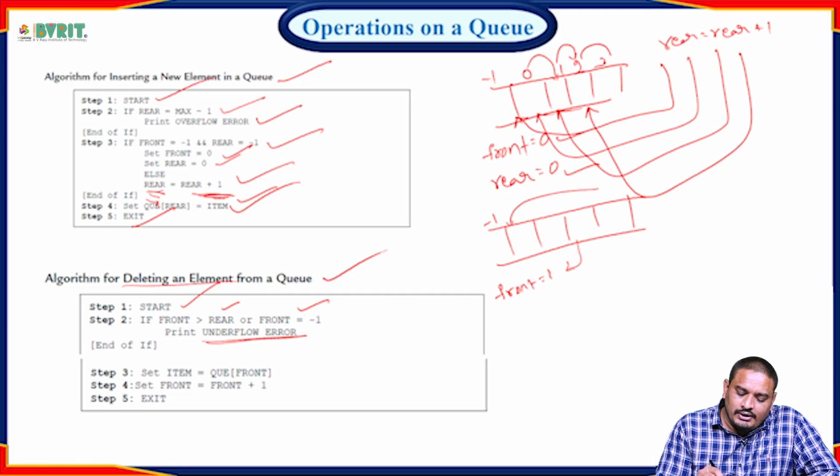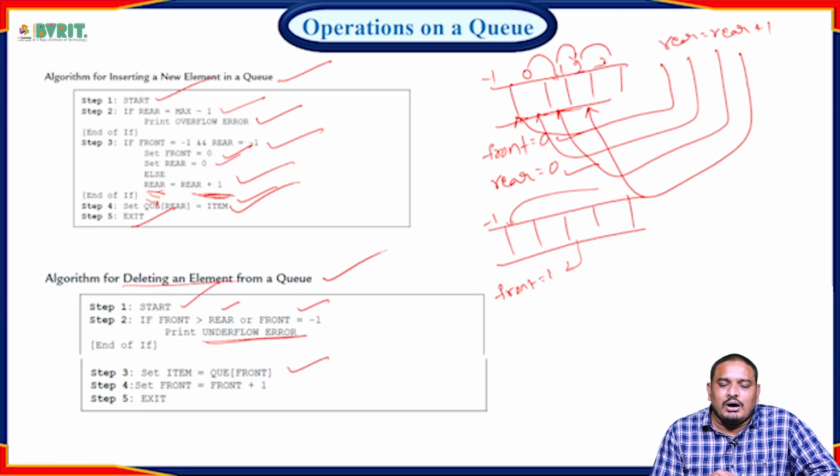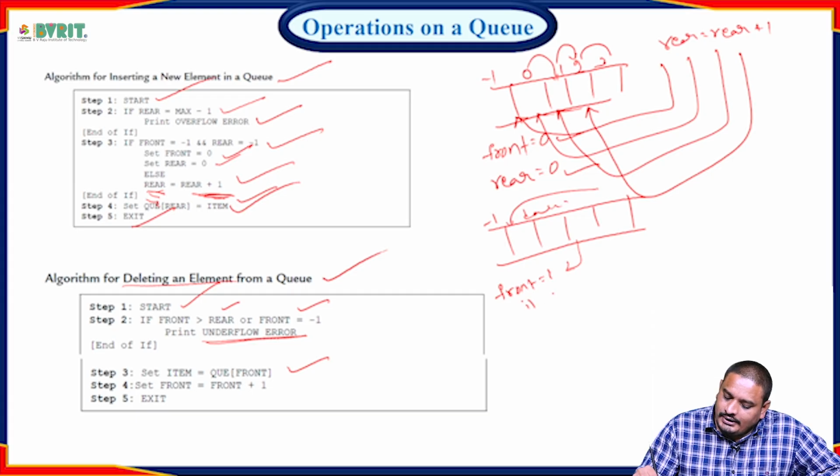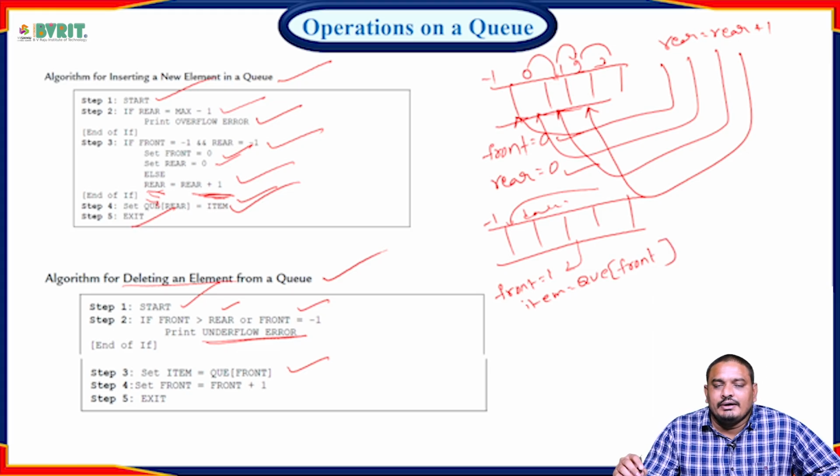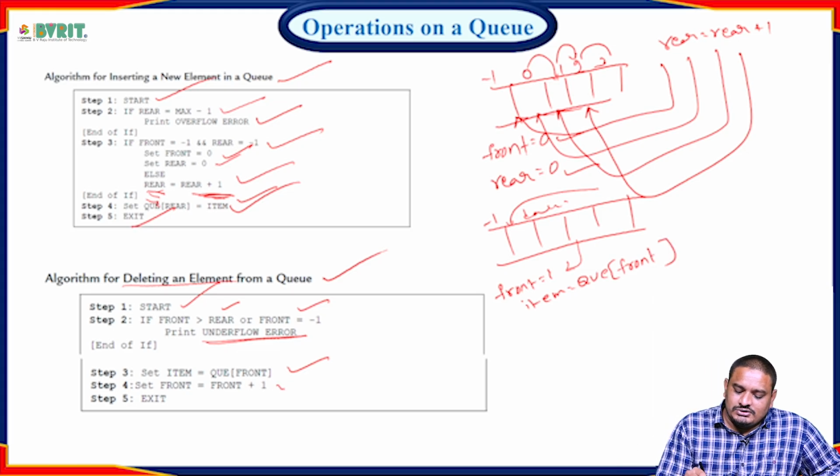Otherwise, set item equal to queue of front, where item means the data value. Is there any chance for deleting the elements from the queue? We are writing item equal to queue of front. At that time, set front equal to front plus 1.